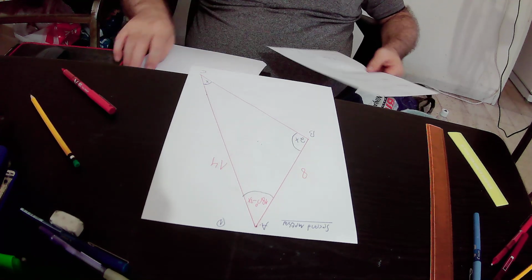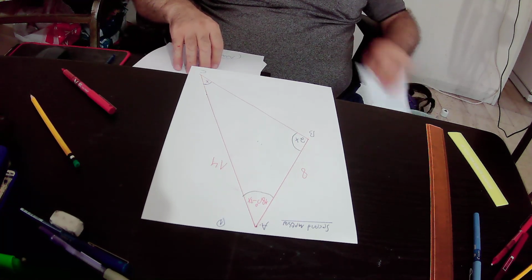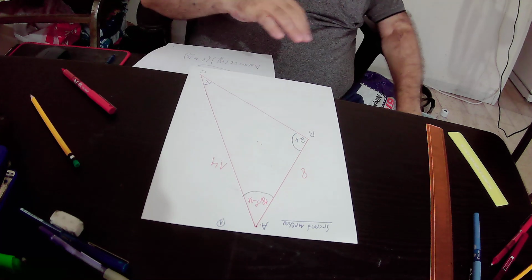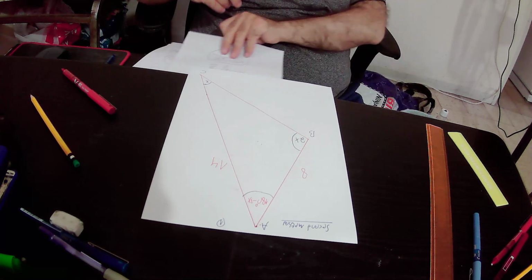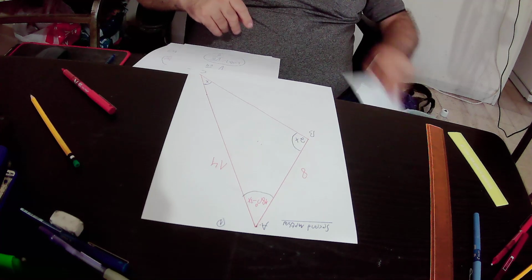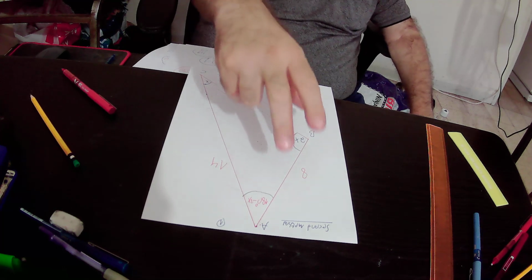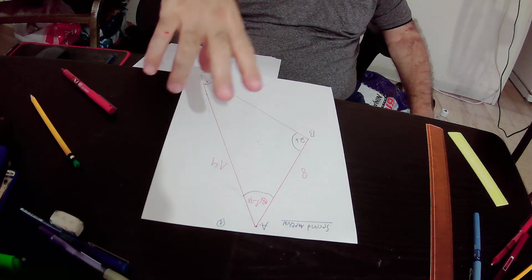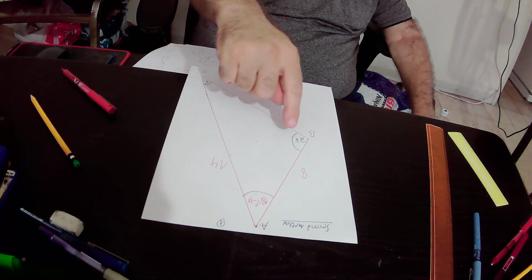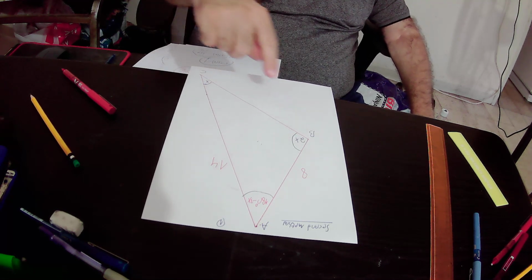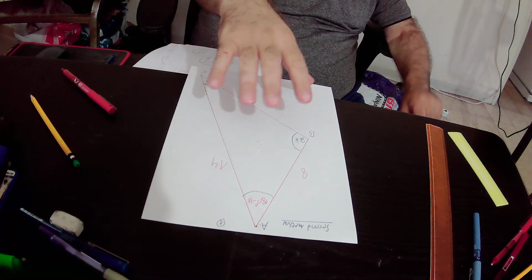Okay, so now I'll summarize the lecture. Actually, we wanted to find out the area of triangle ABC, and we know that AB equals 8 units, AC equals 14 units, angle ABC equals 2x, and angle ACB equals x, and we want to find out the area of triangle ABC.